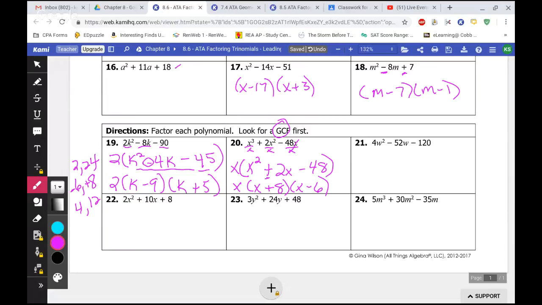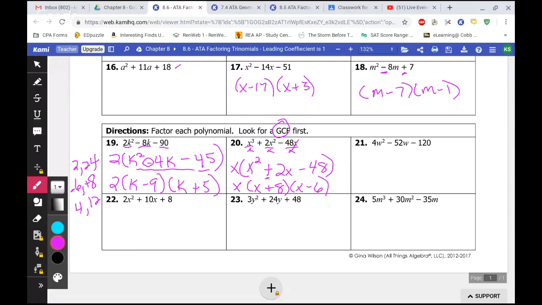You're looking for the biggest term that goes into all of them. Okay. And factoring it out. In this particular lesson, because you're continuing to practice that, you're more than likely going to end up with a trinomial that can be factored. Does that help? Yes, ma'am.